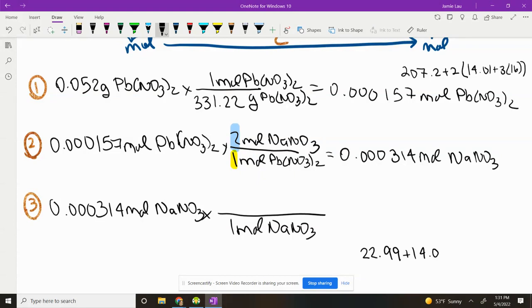Nitrogen is 14.01. And oxygen, there's 3 of them, and each has a mass of 16. So when I add that up, I get a mass of 85 grams.